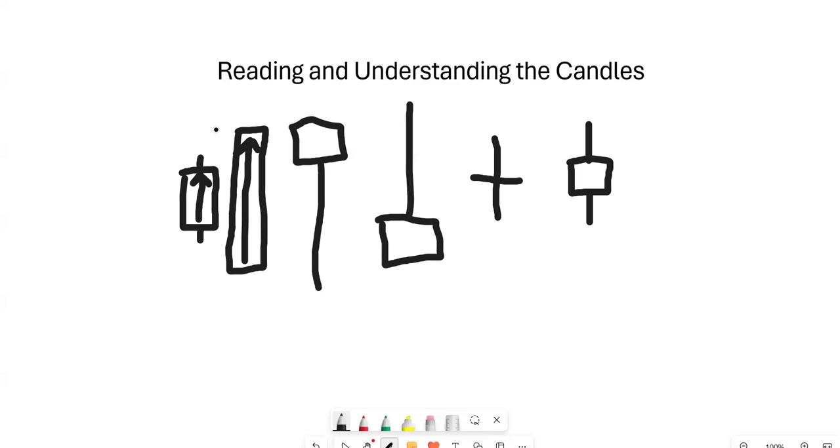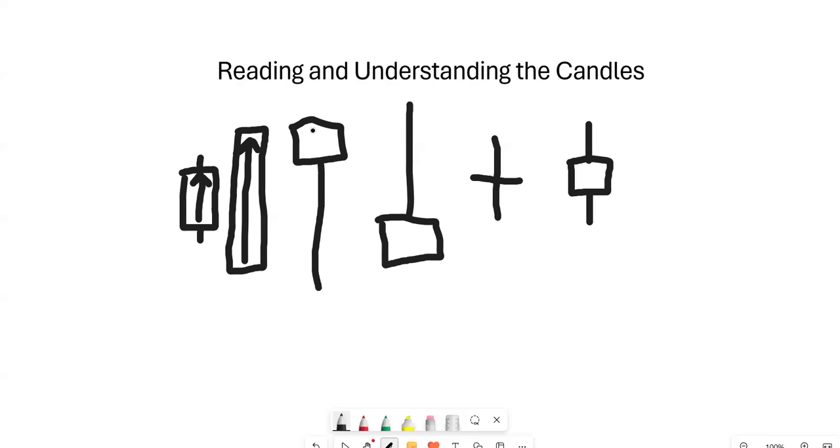Open up, no wicks, down, close, strong selling. This candle indicates either strong buying or strong selling. These candles here is where we start to get into, okay, yeah, this means something. Now, when you see these candles at certain points on the chart, they mean a lot more. And we're going to get into that a bit later. But now I'm just going to explain to you.